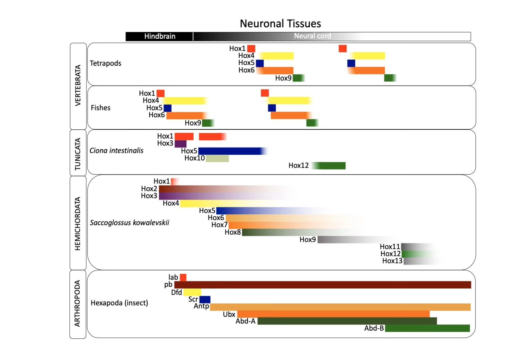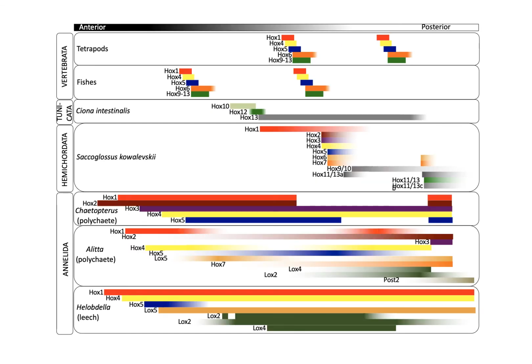fins in those organisms. If you look at somatic tissue, so this is now somatic tissue, you find a similar pattern, so that in tetrapods like us, these would be the arms and the legs, and those would match up with the neurons here in the arms and the legs.